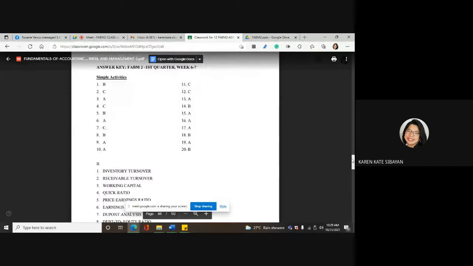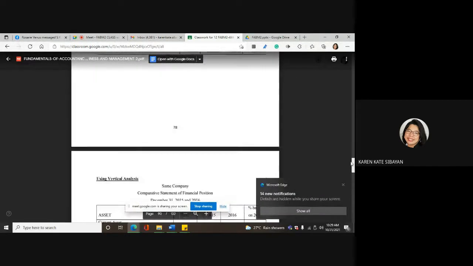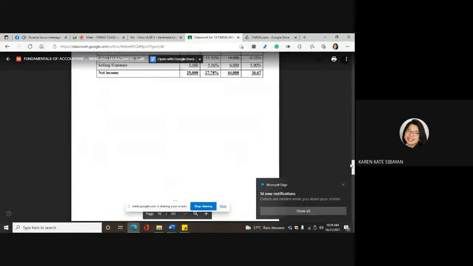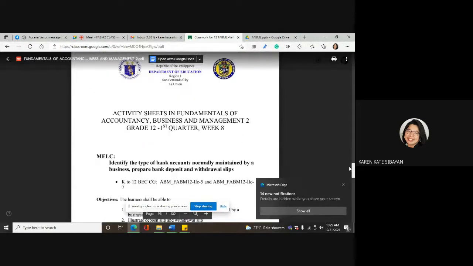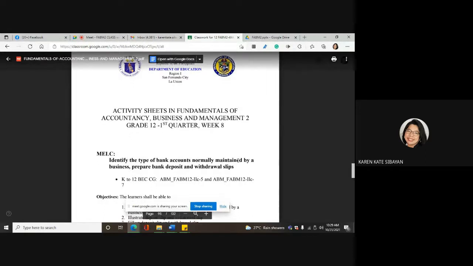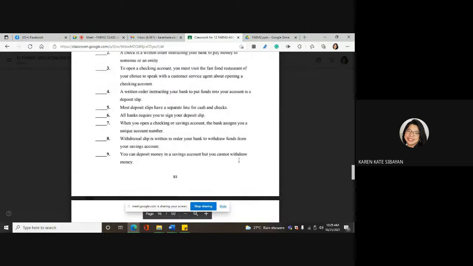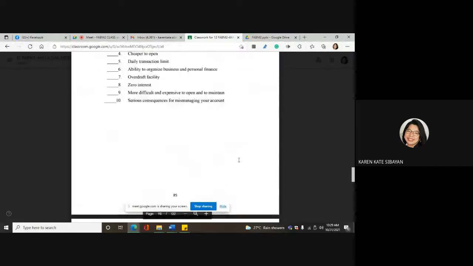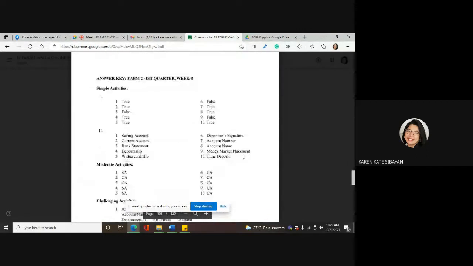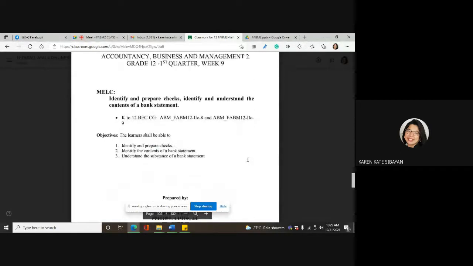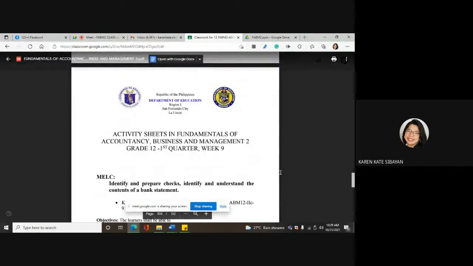Tinitingnan ko kung hanggang saan mag-end yung quarter 1 sa FAB2. Dito, bank accounts naman. So, until week 8 yata. First quarter, week 9 pa rin.